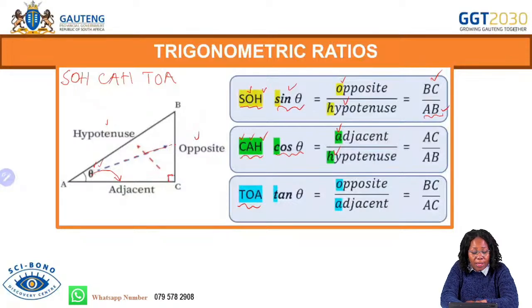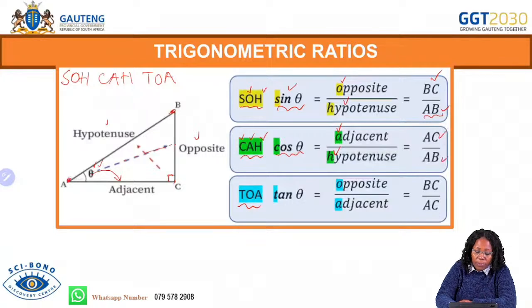Now we go to the theta angle. In reference to theta, what is the adjacent side? The adjacent side is AC there. So that is why we are having AC on the numerator. And then over the denominator, hypotenuse, our hypotenuse side is AB. Hence we have AC over AB there.